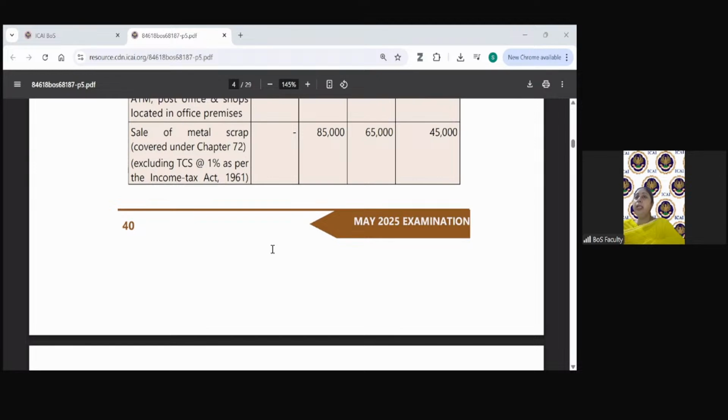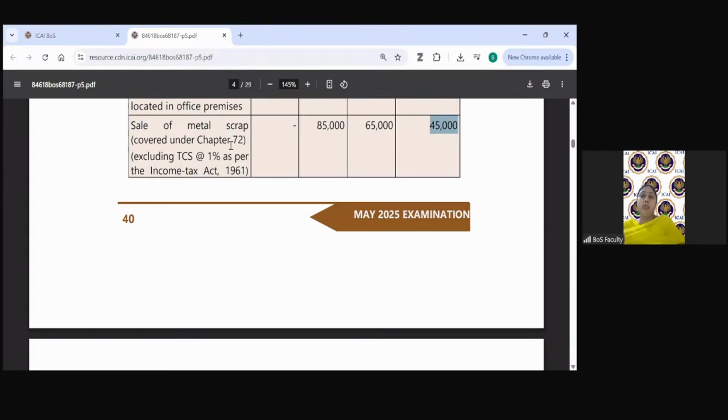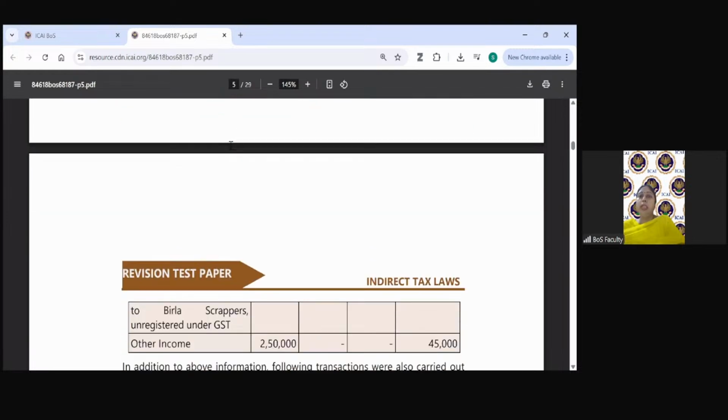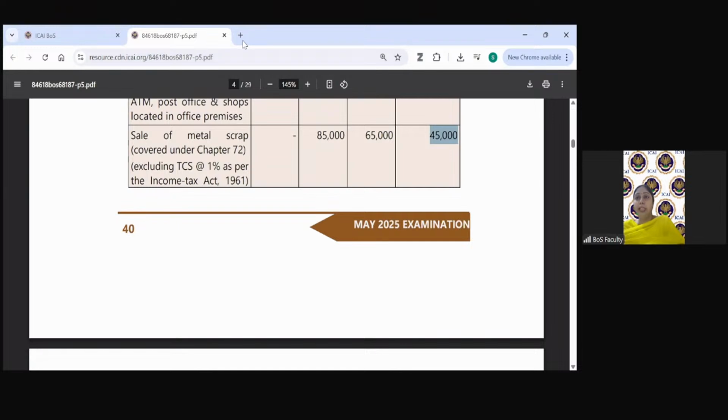That is, Chhattisgarh plant has sold the metal scrap worth rupees 45,000, covered under Chapter 72. This amount excludes the TCS at the rate of 1%, which is leviable in this case as per Income Tax Act. And this metal scrap has been sold to Birla Scrappers, which is unregistered under GST. So you have to tell me what would be the value of supply and who is the person liable to pay tax. Let me see the answers which I have got.